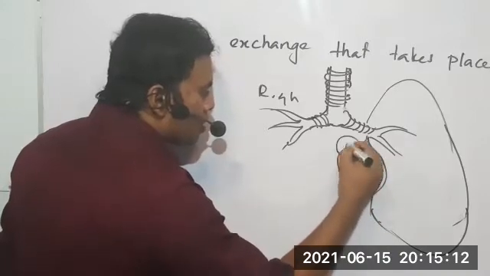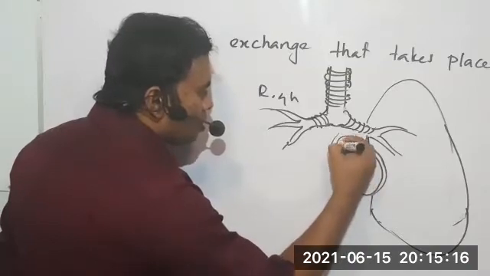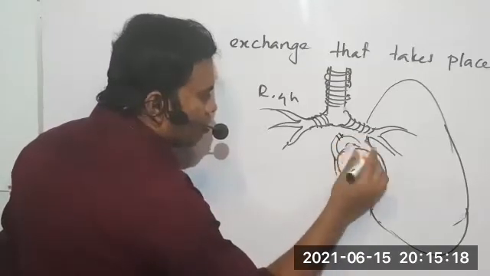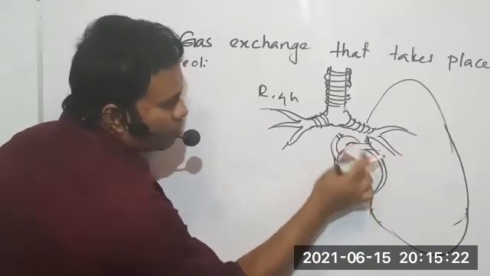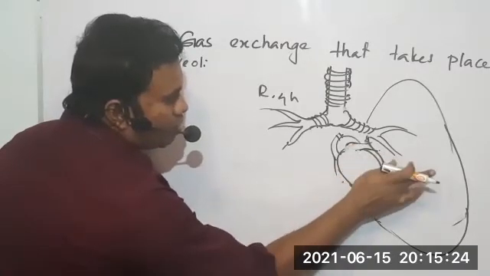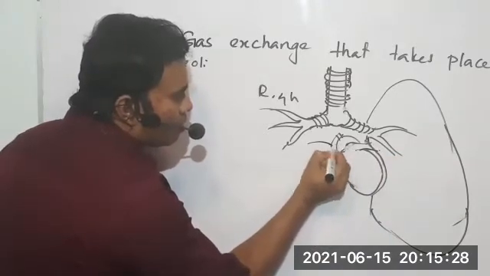So that's the heart. One blood supply is towards the left lung, the other blood supply is towards the right lung.